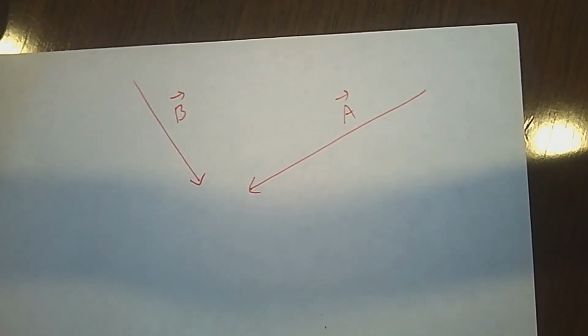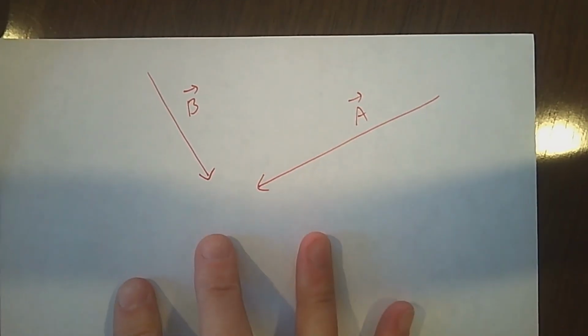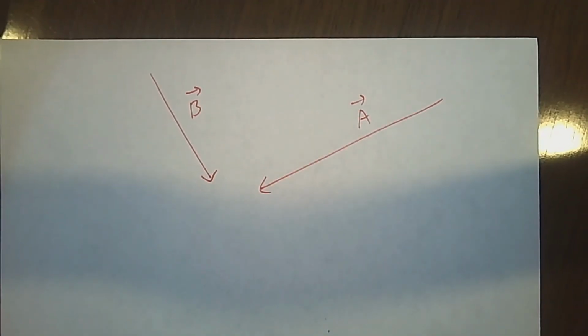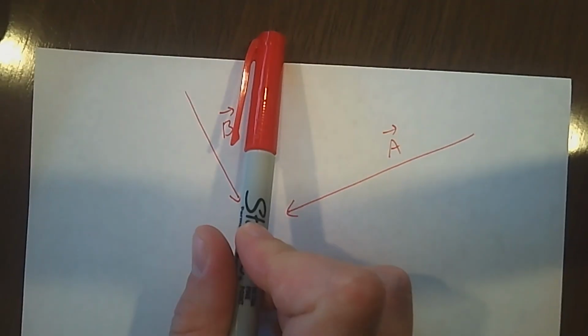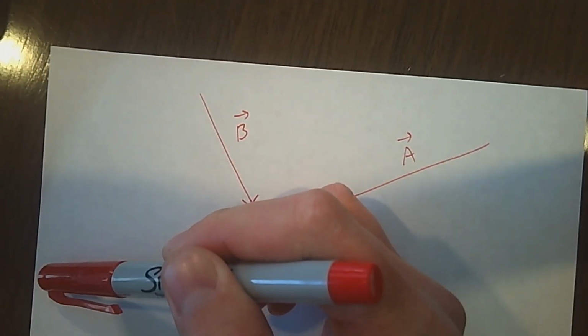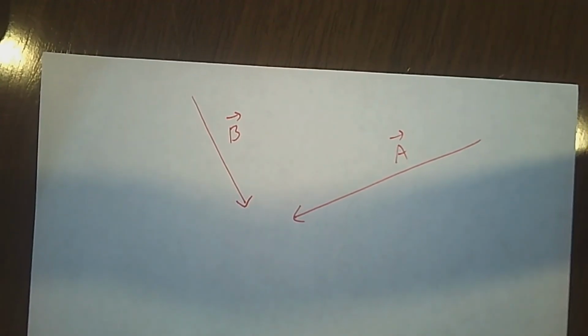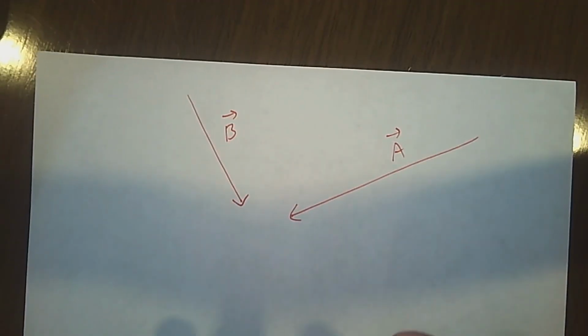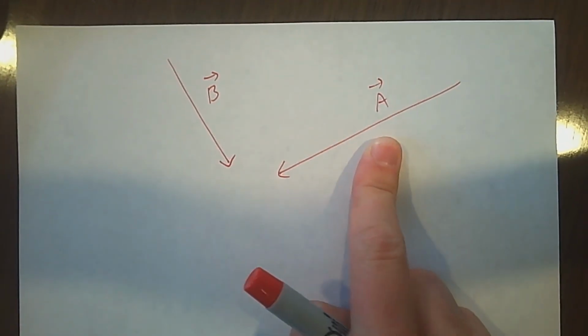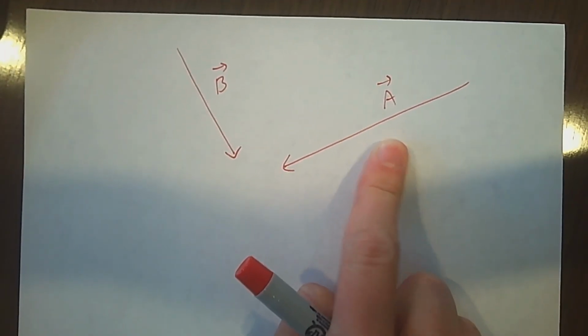All right, so let's look at these two vectors, and I'm going to assume that they're on a coordinate system where the x axis is parallel to the top of my paper and the y axis is parallel to the edge of my paper. Now, it doesn't really matter, but that's the convention I'm going to use for the purpose of this demonstration. So I have vector B and vector A, and because of this convention, I would say that these are both two-dimensional.